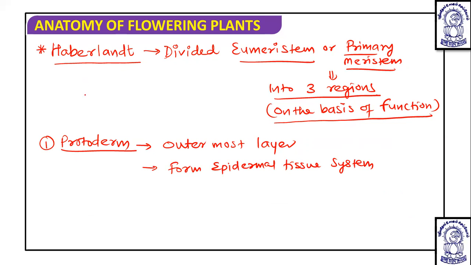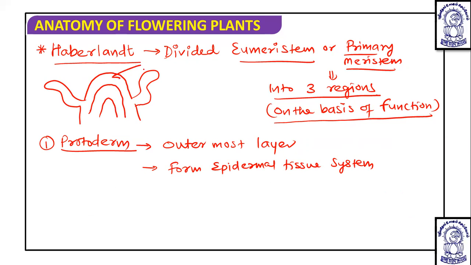So if we talk about the meristem, this is protoderm. This is procambium.